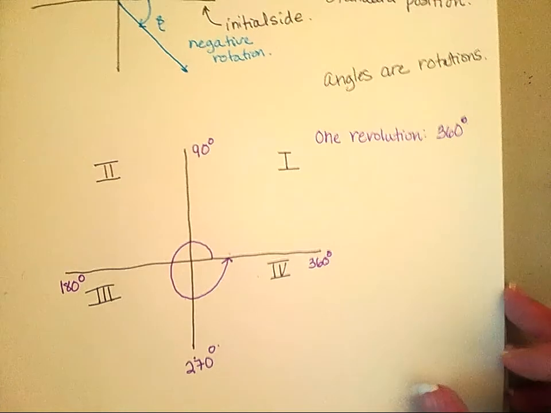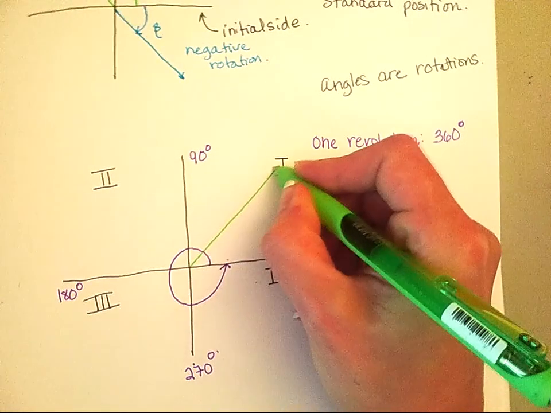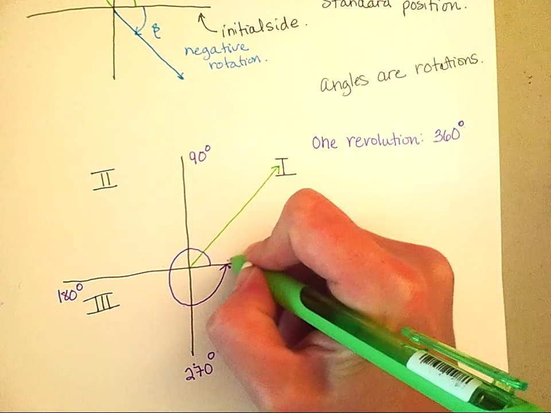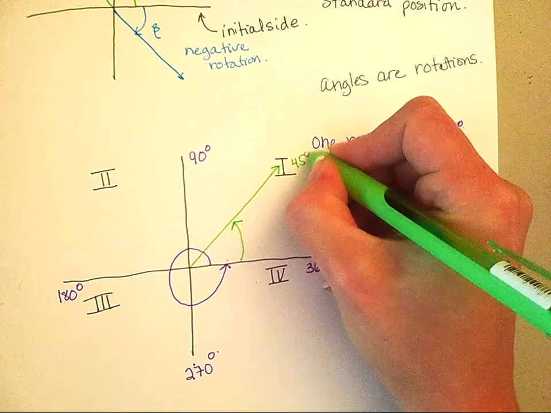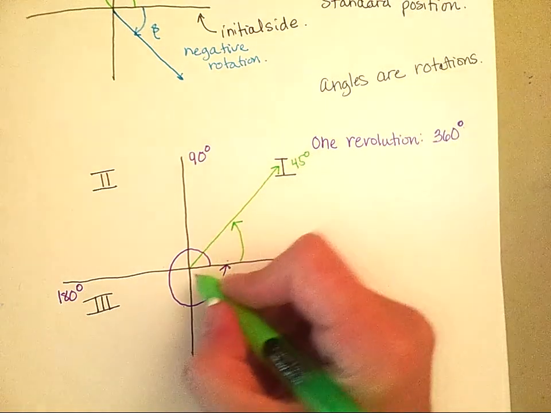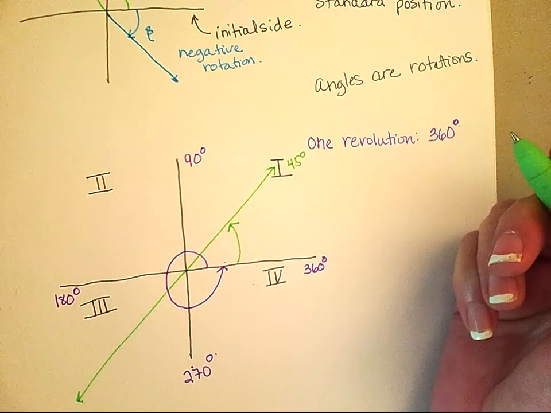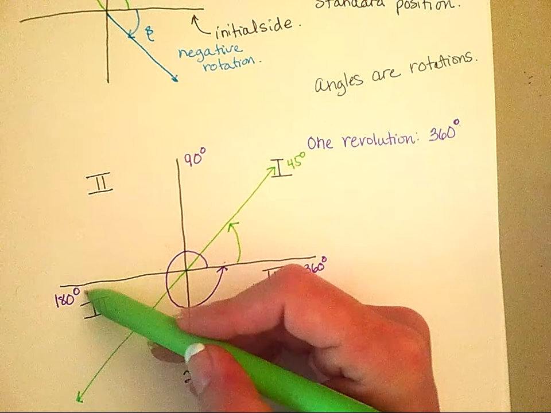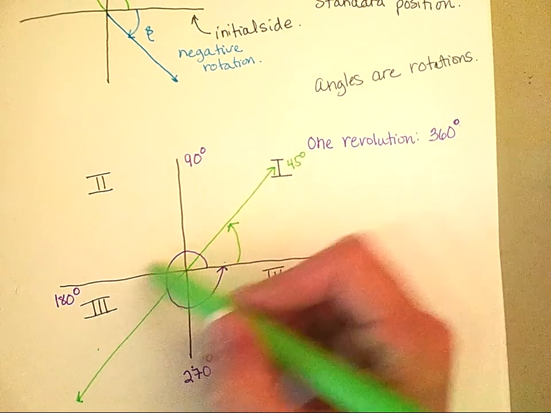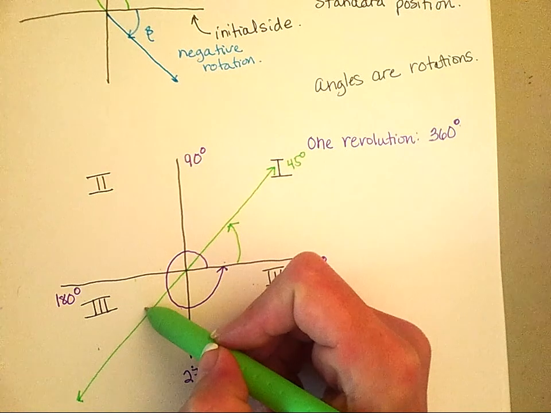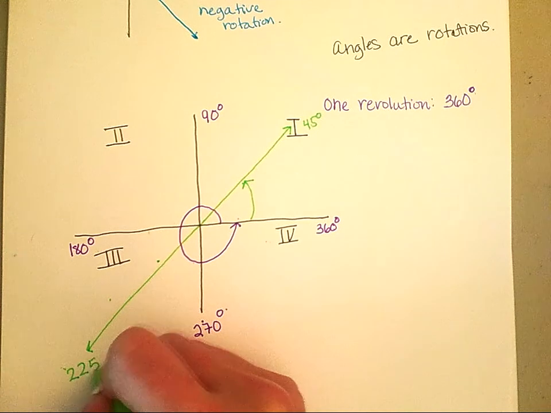Now there are other angles that are very easy for me to find. The 45-degree line, this is the line y equals x from here to here. This is 45 degrees. I could extend that through here. So what must this angle be? Well, if from here to here is 45, this angle also has to be 45. So this angle must be 225 degrees.